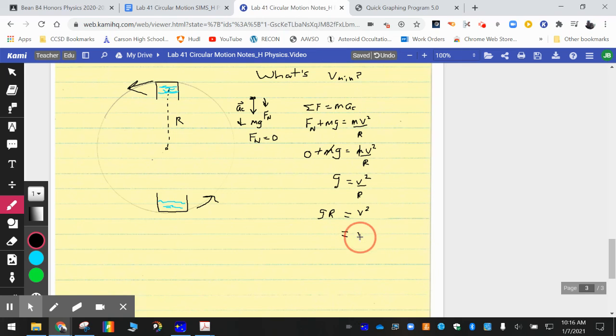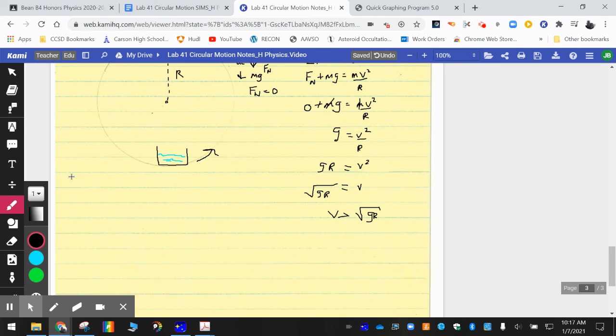Therefore, the minimum speed v has to be greater than the square root of gr. You could say that v must be greater than the square root of gr in order for no water to escape the bucket. So it's really dependent upon the radius. The square root of the radius determines the speed to go all the way around. All right, this will conclude this discussion on Lab 41, Circular Motion SIMS.